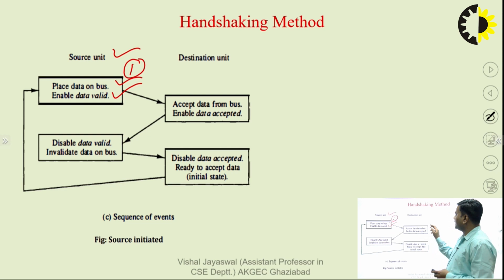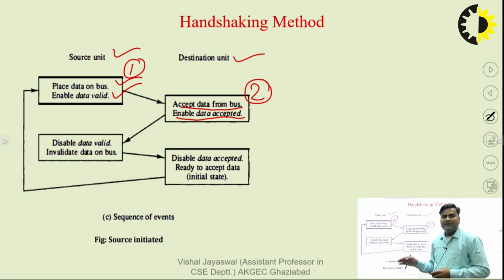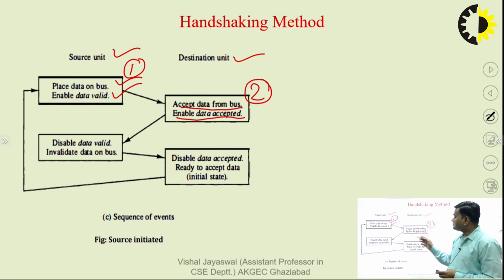What is the second scenario? The second scenario is this: the destination unit accepts the data from the bus and enables data accepted. Basically, here we have three lines: data valid, data accepted, and data bus.